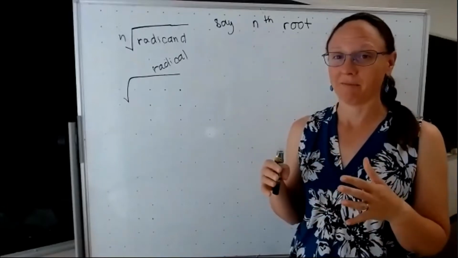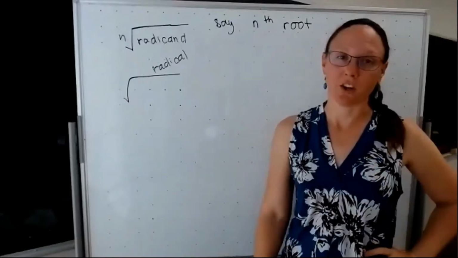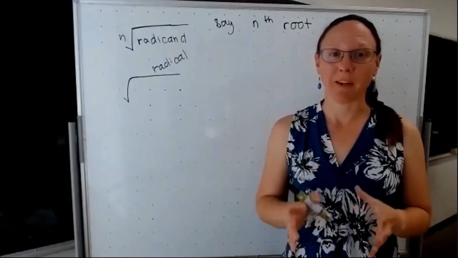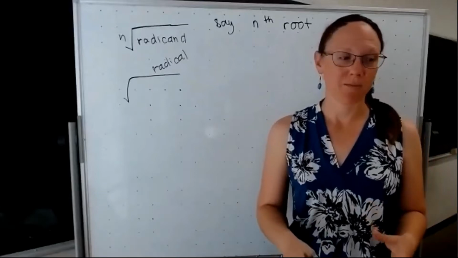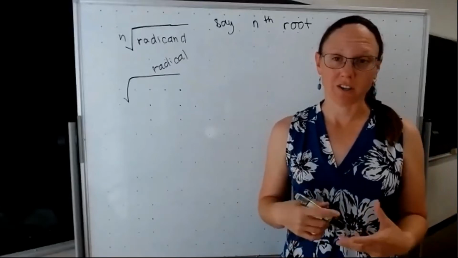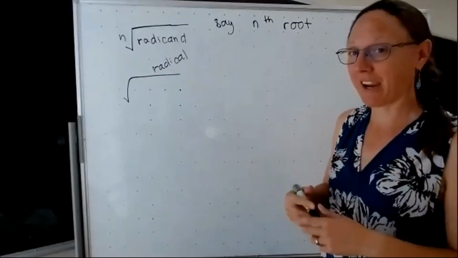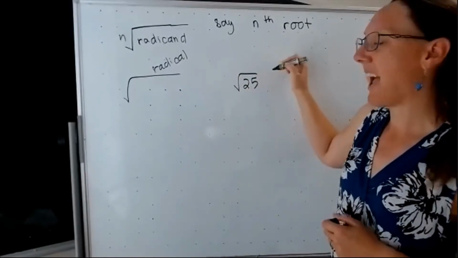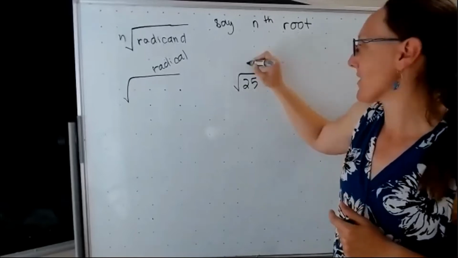Let me back up. Weird stuff happens when we start talking about negative numbers. Mathematicians had to make some choices about things. So for starters, mathematicians defined that the square root of 25, by the way, I read this special one as a square root.